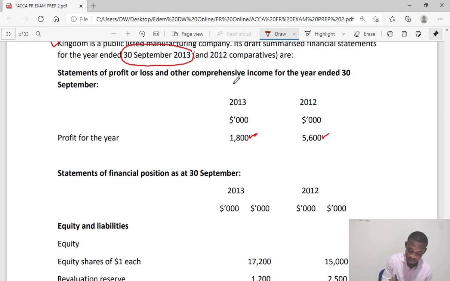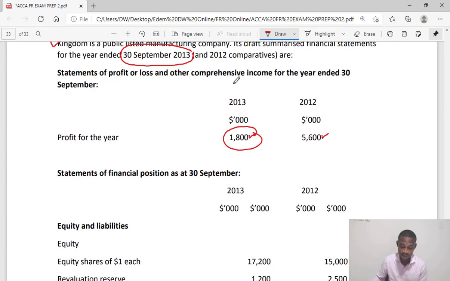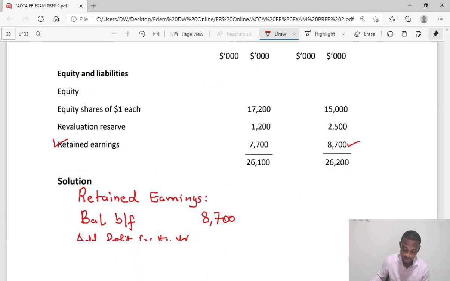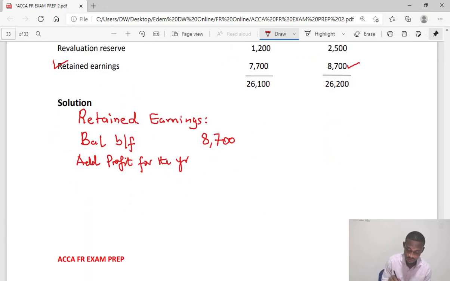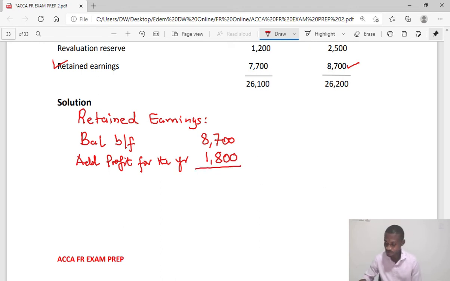And this is 1,800, with 1.8. So I'll add that. So I'll have here 1,800. Now when I add these together, I have 8,700 plus 1,800.